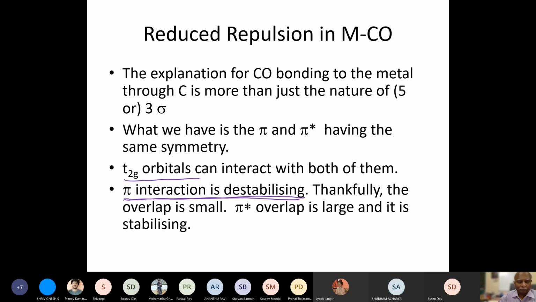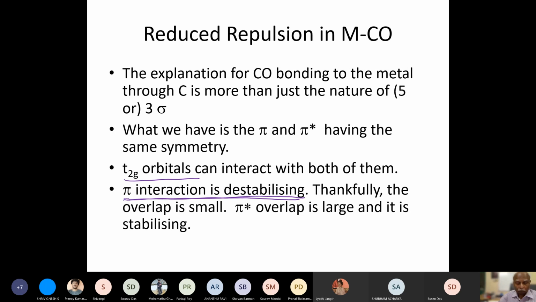By that I mean, if I look at a metal which is facing a carbon monoxide, the carbon monoxide will have a p orbital. And if it's facing a pi orbital or a pi star orbital, it will still see the same p orbital on the carbon end. So as a result, I shouldn't say the symmetry is the same, but the phase of the two lobes that are being seen by the metal is going to be the same whether it is a pi or a pi star.